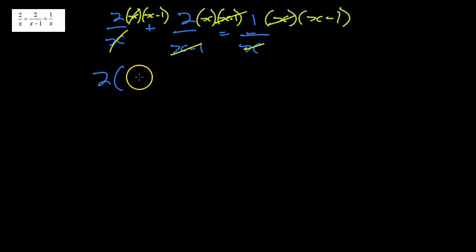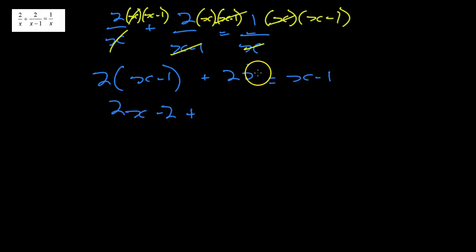What you have left is 2 times x minus 1 plus 2 times x equals x minus 1. Obviously, just simplify here. 2x minus 2 plus 2x equals x minus 1. We could take the x over to one side as well, but let's leave it as it is. 2x plus 2x is 4x, minus this x, that's 3x.